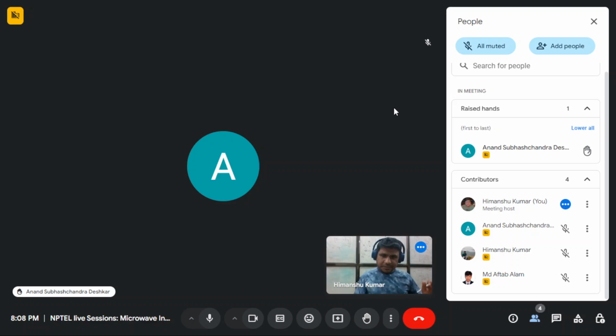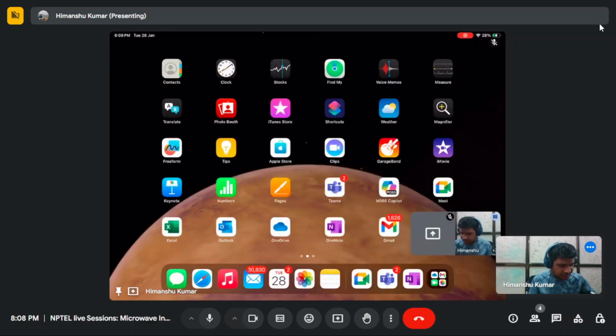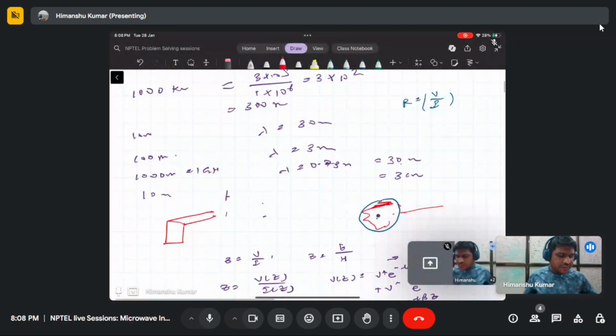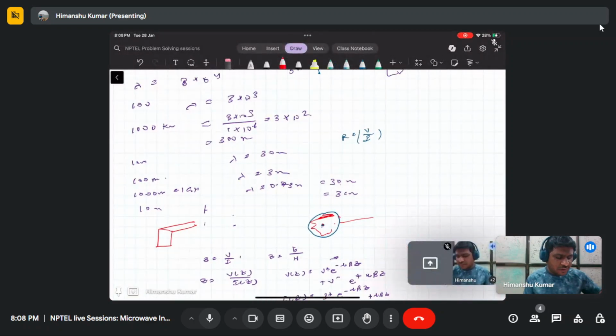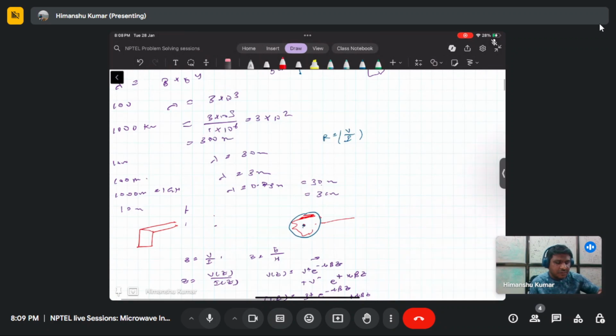So just wait, my screen. Yeah, you are able to see my screen, right? Yeah. So yeah, so for normal, even if you consider normal line also, like normal wire also.